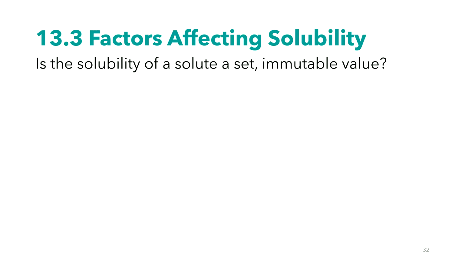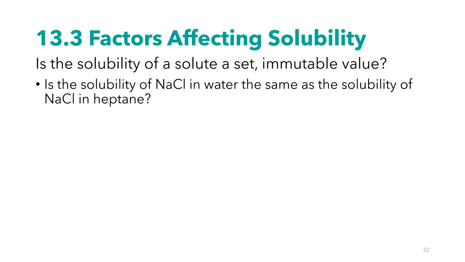It's context specific, right? So one, we know very well now, hopefully, that the solubility of NaCl very much depends on the solvent, right? What are you trying to put it into? All right, so solubility is solvent dependent. That should hopefully feel like a really comfortable idea right now.